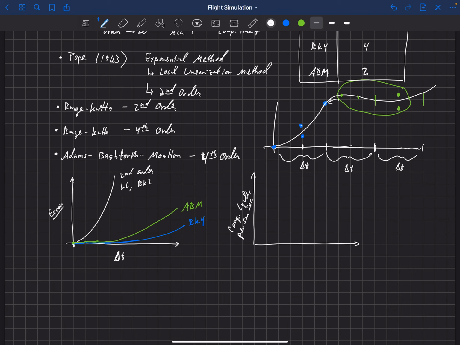And I'll explain that in just a second. And then delta t here again on the x-axis, okay? So the computational cycles per simulated second. So for example, let's take the RK2 method, okay? And this is a second order method.